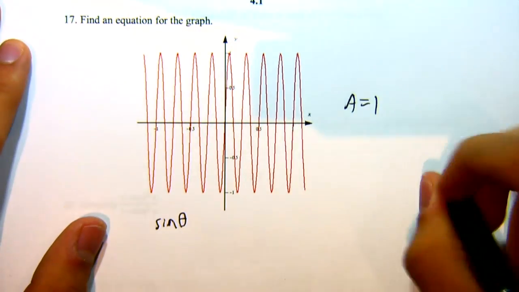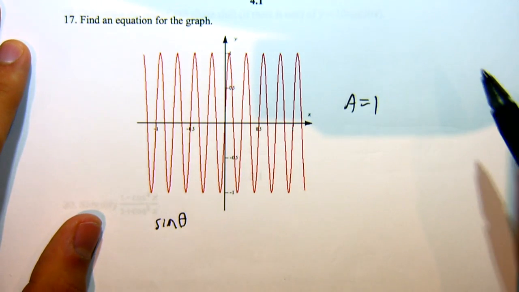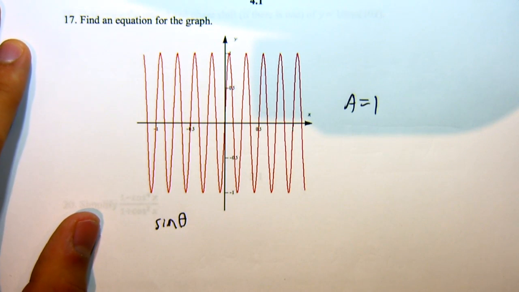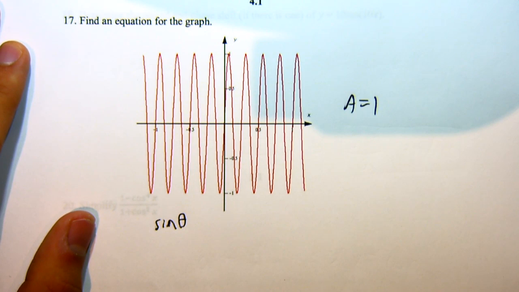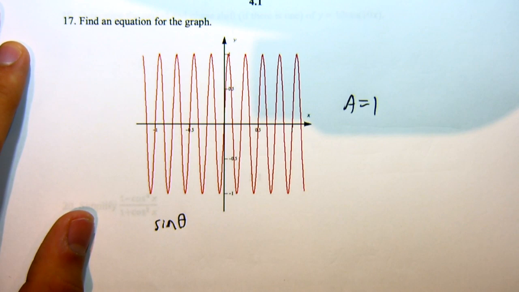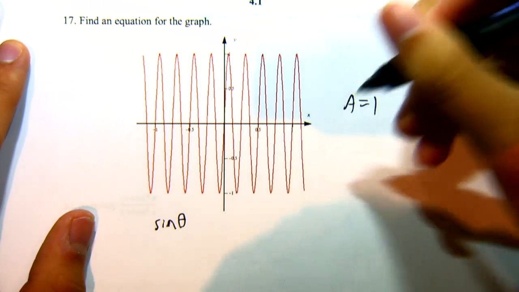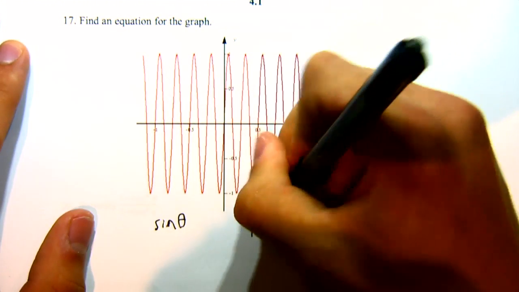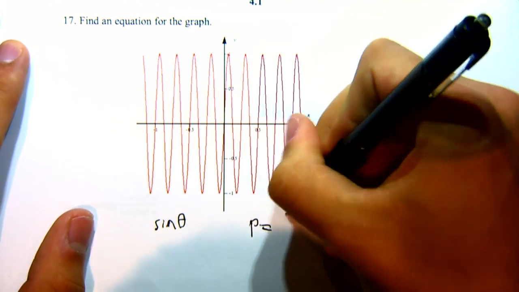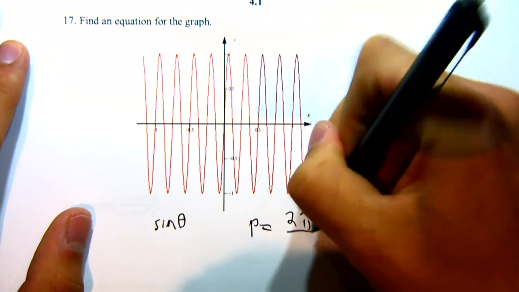So what is the equation that we can use to find a period that's been modified? Anyone remember? Let me jog your memory. Period is equal to 2 pi over b, right?